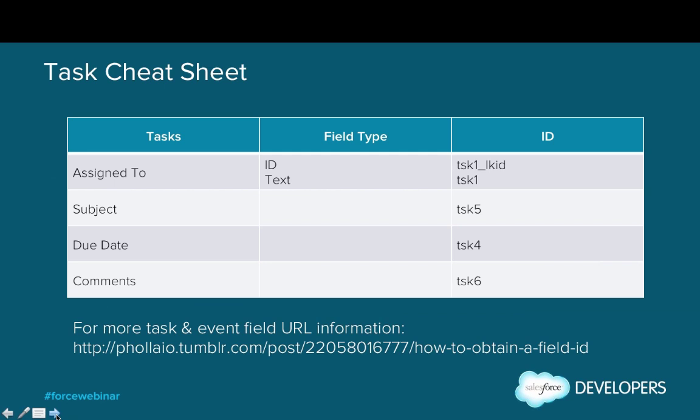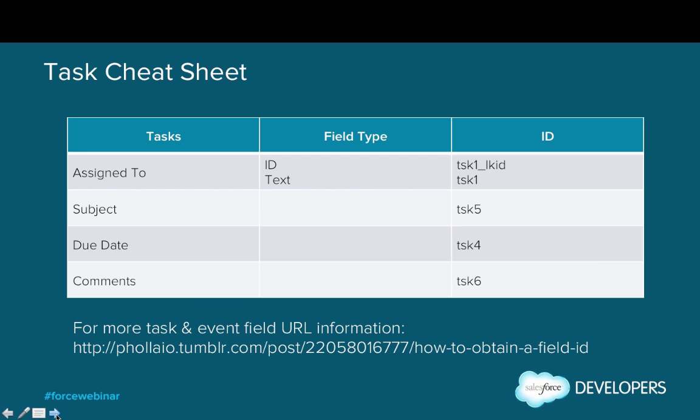So let's look at what some of those task IDs are. This is a great cheat sheet that I put together from a Tumblr post from a Salesforce community member. And we can see the assign to, we actually get a task ID, TSK1, subject, the ID is TSK5.